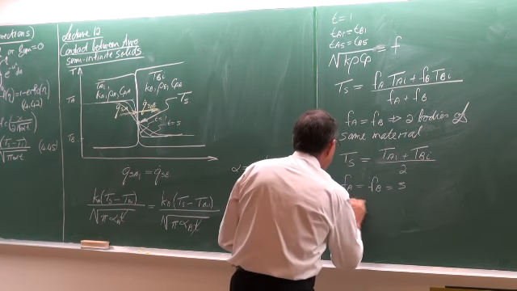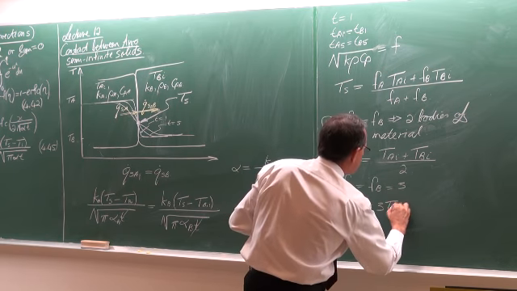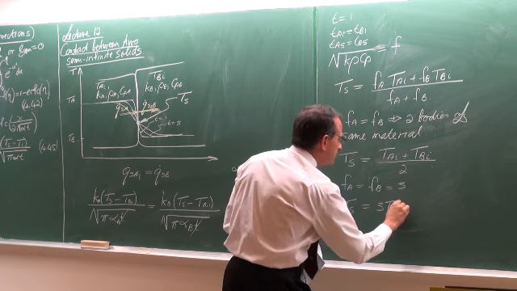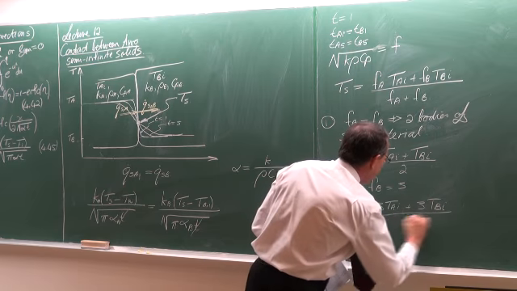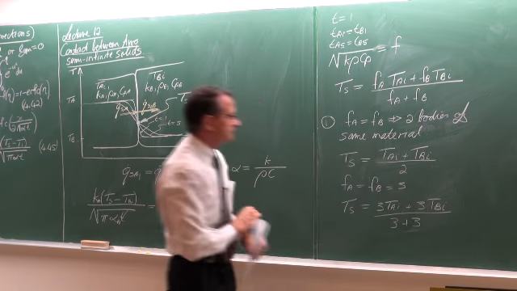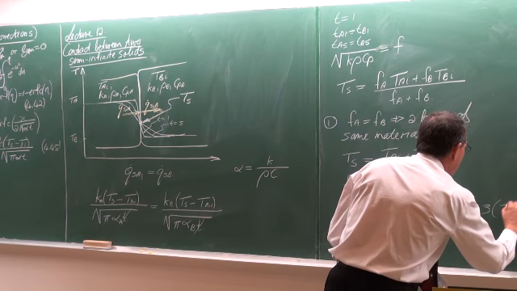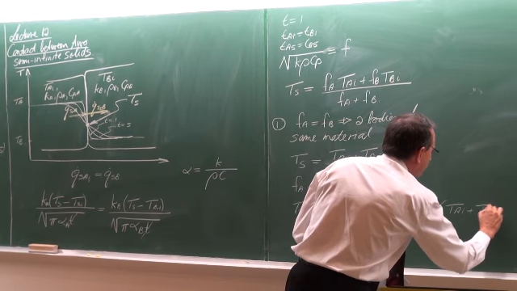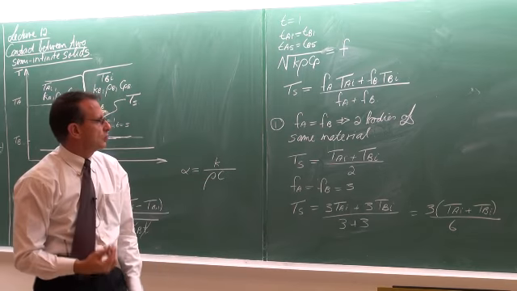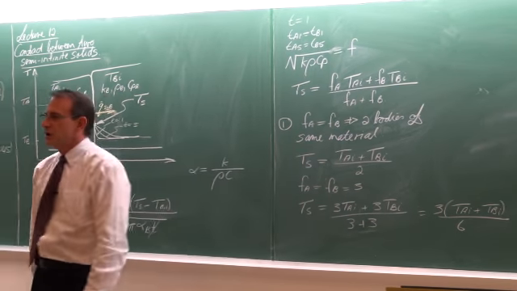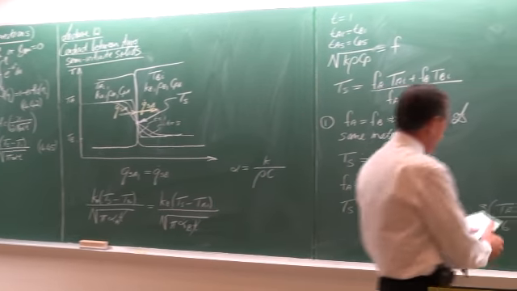Then the surface temperature would be equal to 3 times the initial temperature of A, plus 3 times the initial temperature of B, divided by 3 plus 3, which is equal to 3 times the initial temperature of A plus the initial temperature of B divided by 6, which is equal to the average temperature. That's the simple case. First observation.